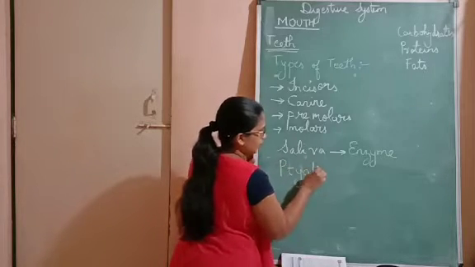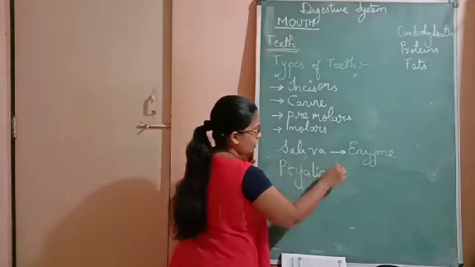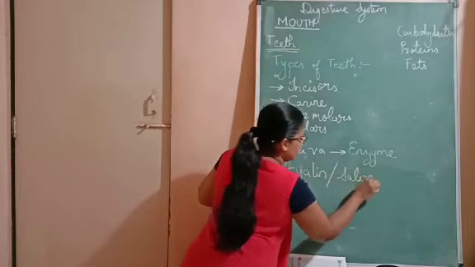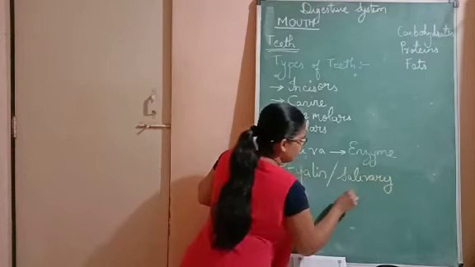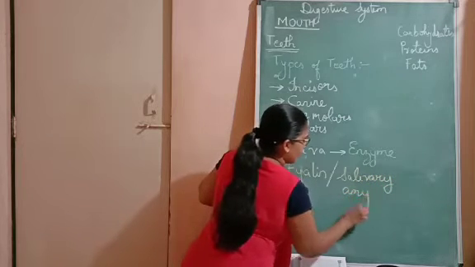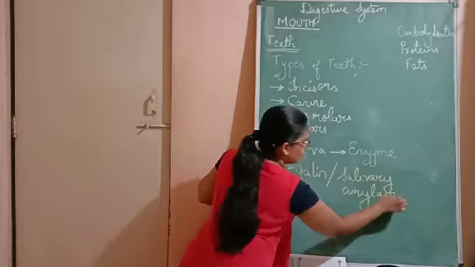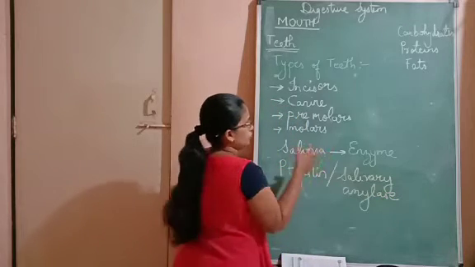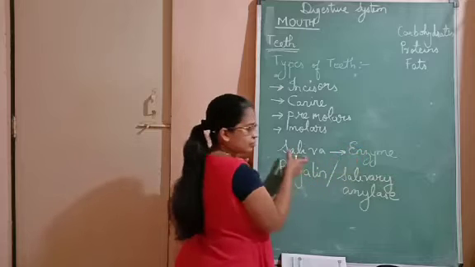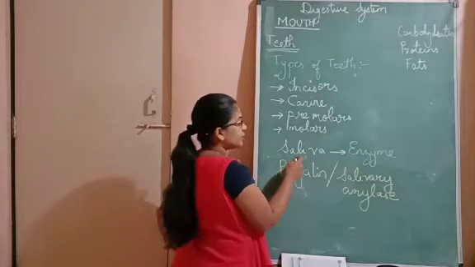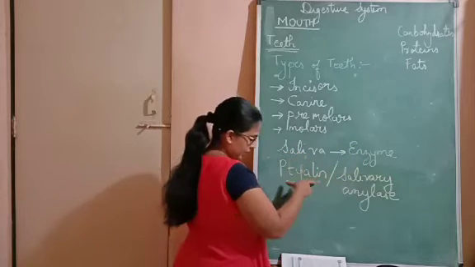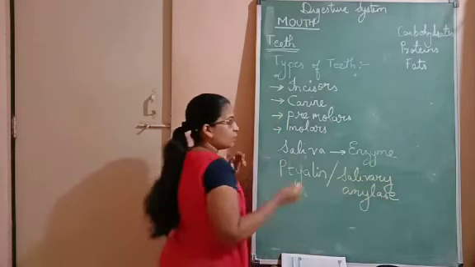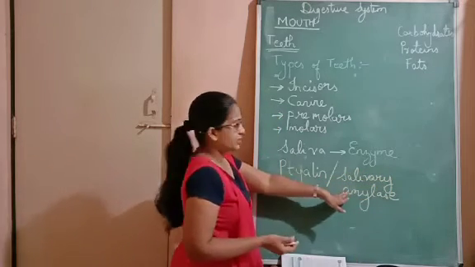The P here is silent, so it's ptyalin, or it is also called salivary amylase. Mostly enzymes end in the word ASE. So this is the enzyme which is present in the saliva, the ptyalin or the salivary amylase. Now what is the basic function of this enzyme?